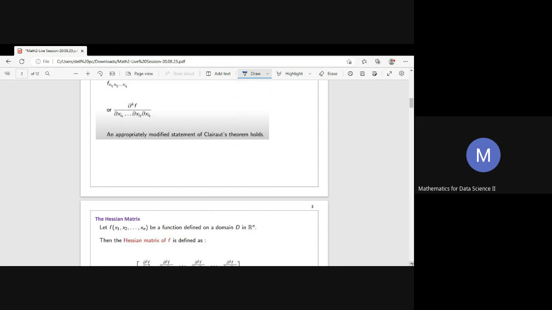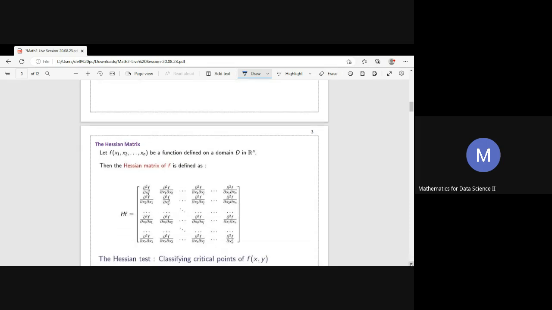And the next important concept here is the Hessian matrix. What is a Hessian matrix? Given a function of n variables, the Hessian matrix of f is defined as follows. So this is your Hessian matrix.